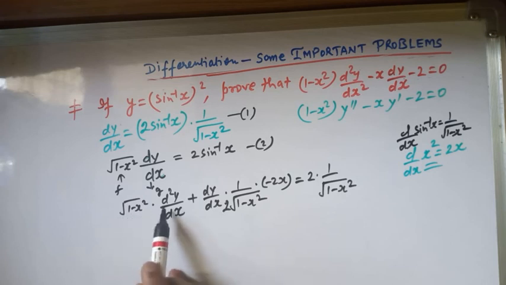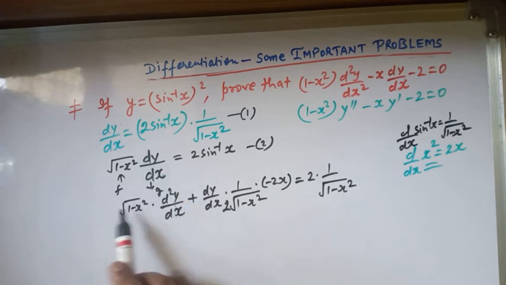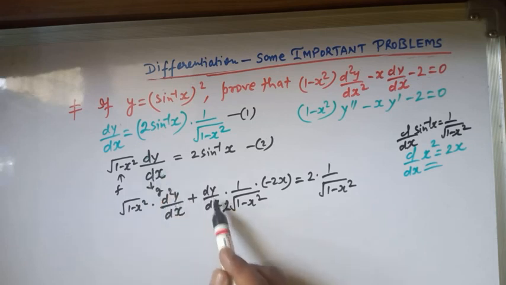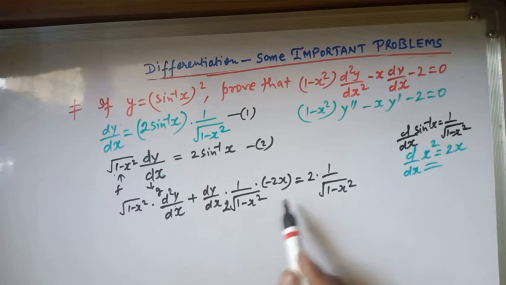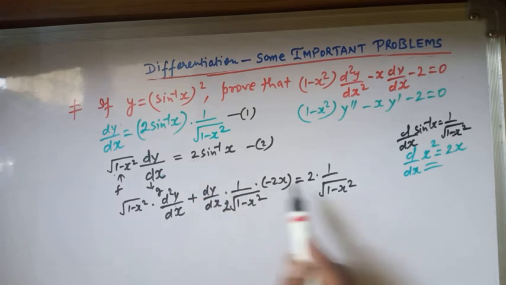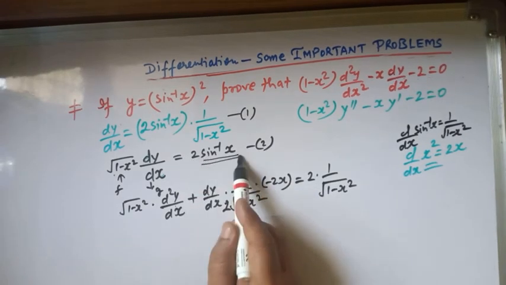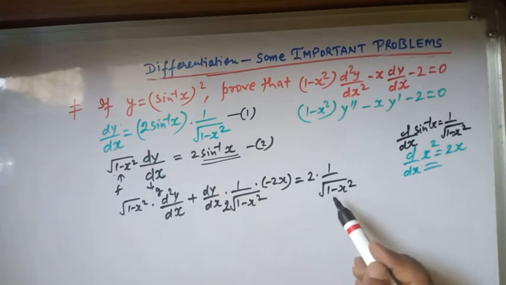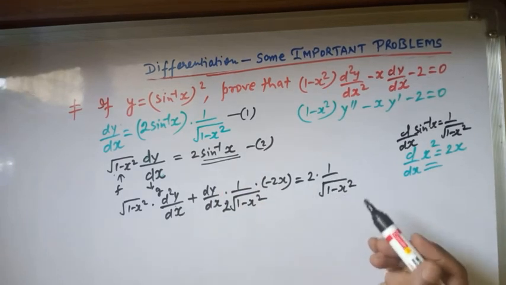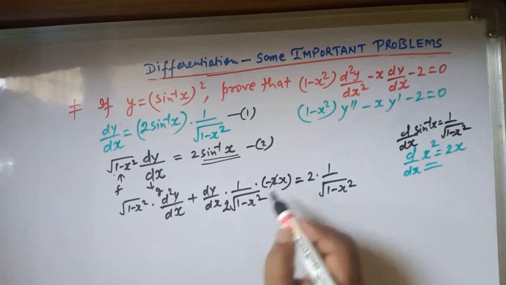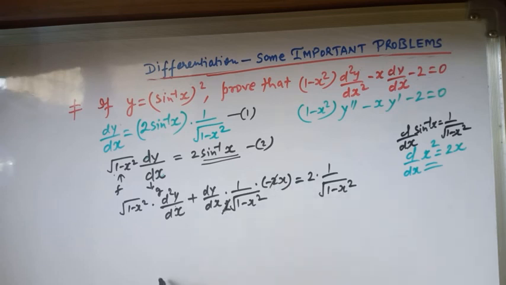First function derivative of second function plus second function derivative of first function. Okay, and here 2 is a constant, and the derivative of sine inverse x is 1 over square root of 1 minus x square. Now here this 2 and this 2 get cancelled.